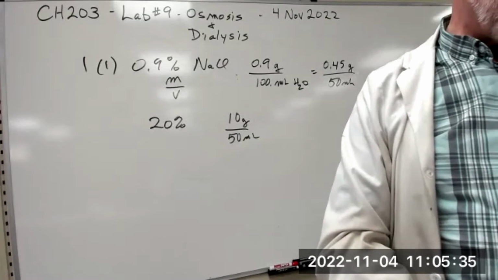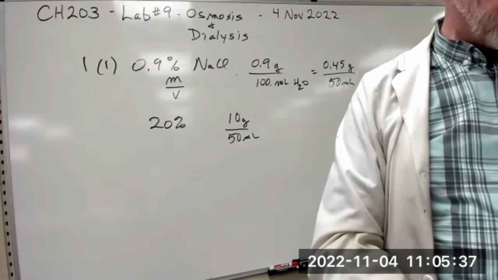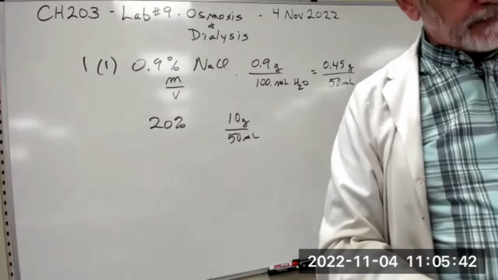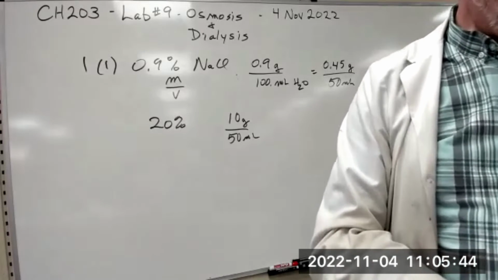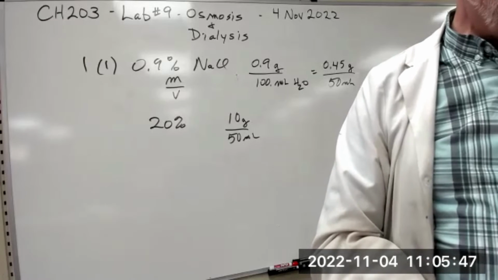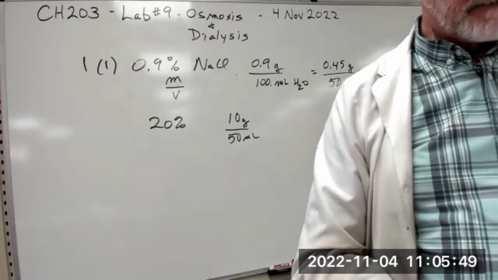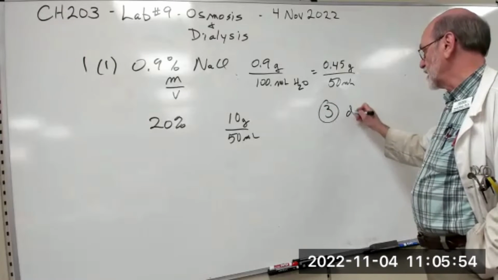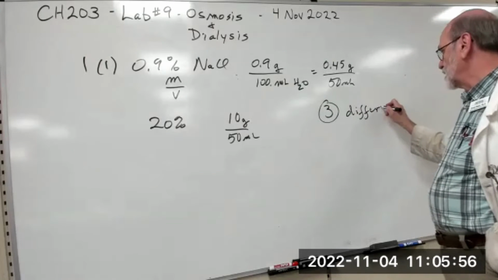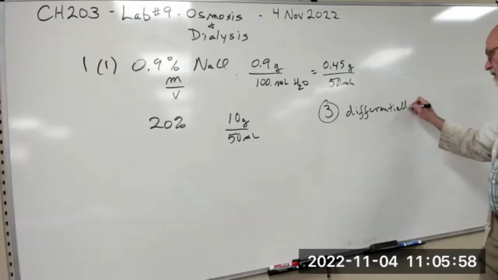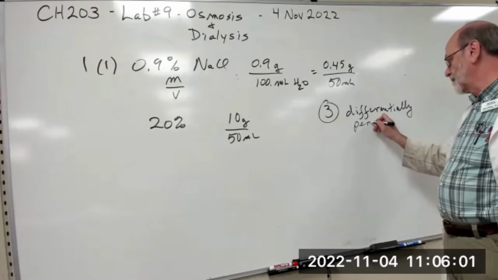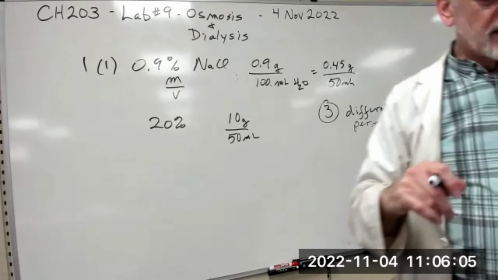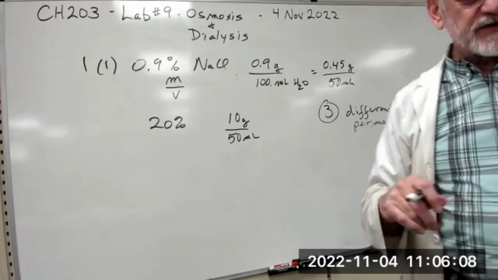Explain what is an isotonic solution, hypotonic, and hypertonic. So let's see. That would be 2. 3. Describe the function of dialysis tubing. I mentioned earlier, dialysis tubing is a differentially permeable membrane, or selectively permeable.